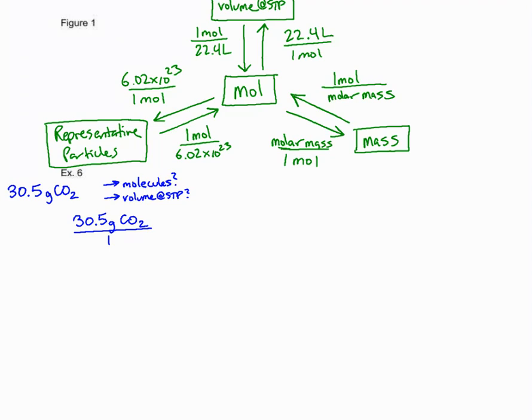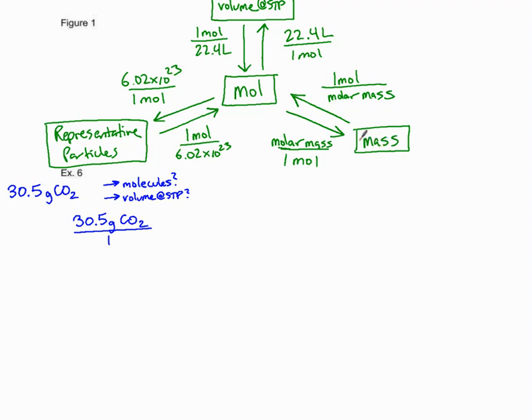So if we look at our figure 1 up here, we see that to go from grams to molecules is not a one-step thing. The mass to represented particles, there's no direct arrow. But we can pretty easily find how we need to do this.